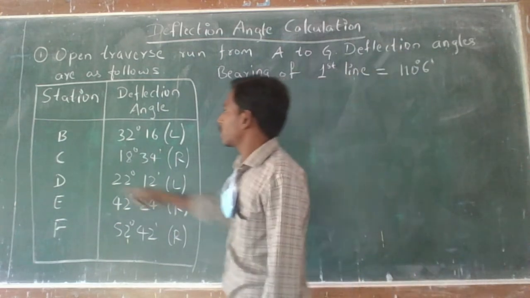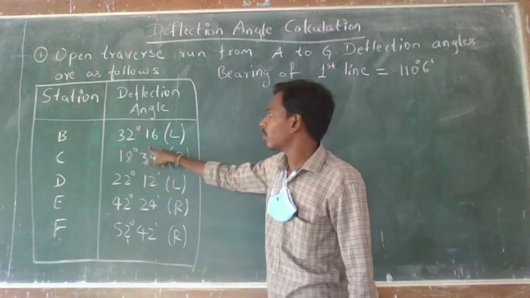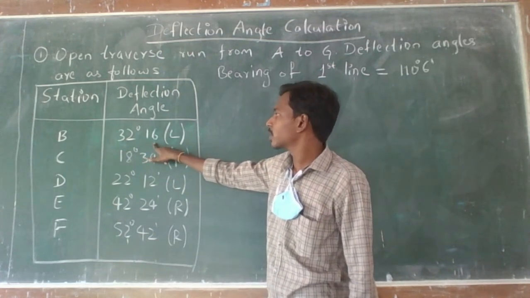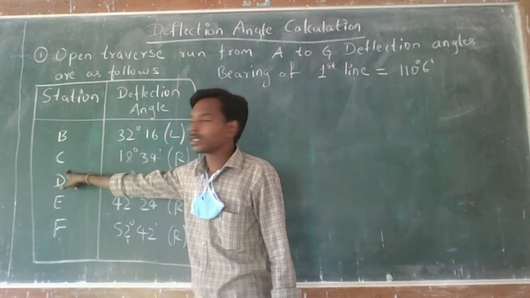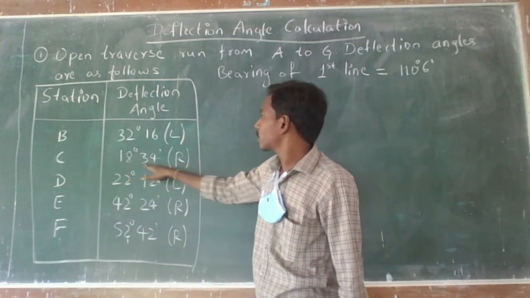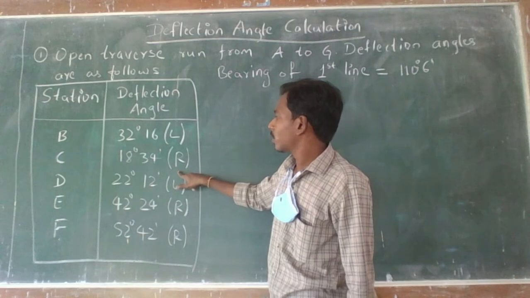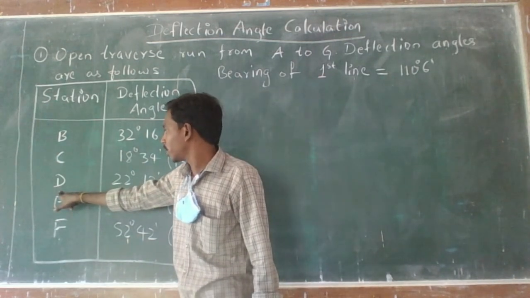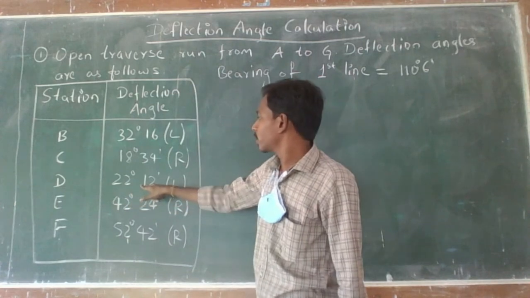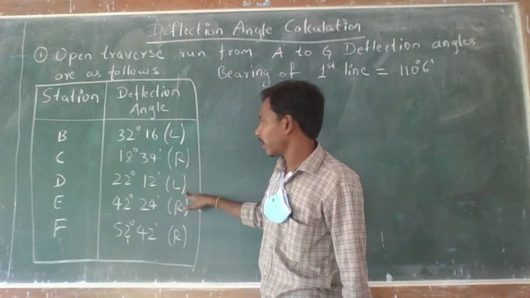So station B has a deflection angle of 32 degrees 16 minutes left, and station C has the deflection angle 18 degrees 34 minutes towards right, and station D has 22 degrees 12 minutes left side.